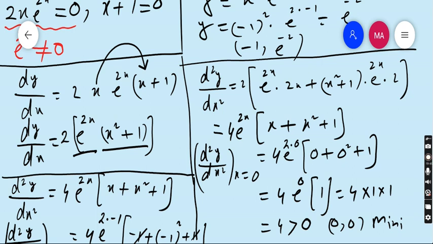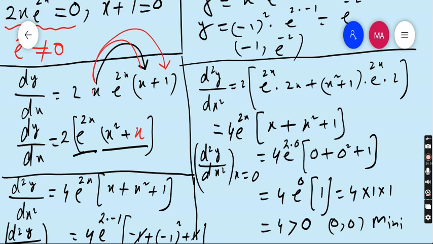The first mistake is when we multiply this x by x, we will get x², and x by 1 we will get x. This is the first mistake. This should be x.